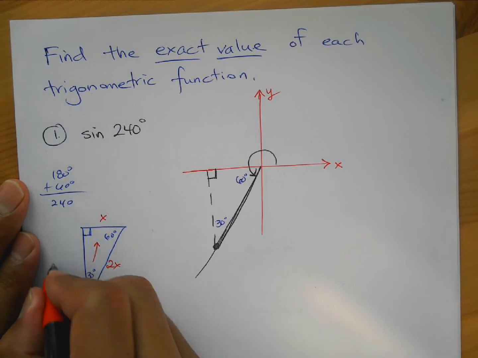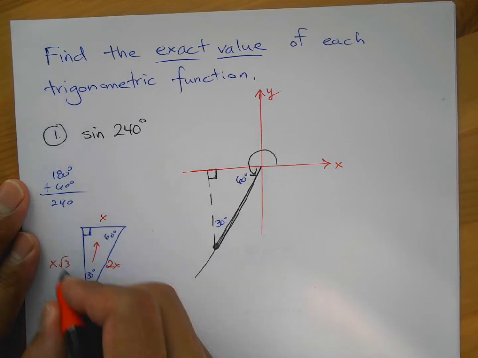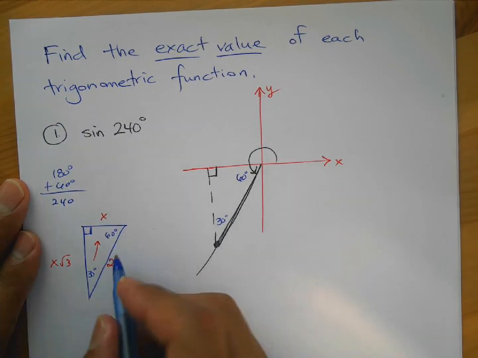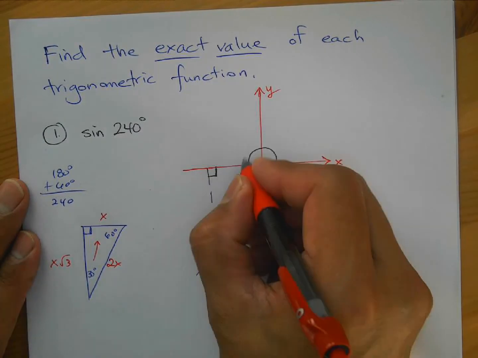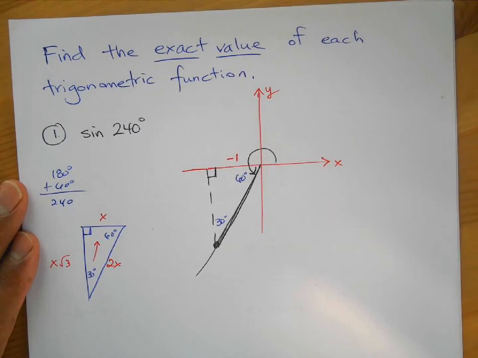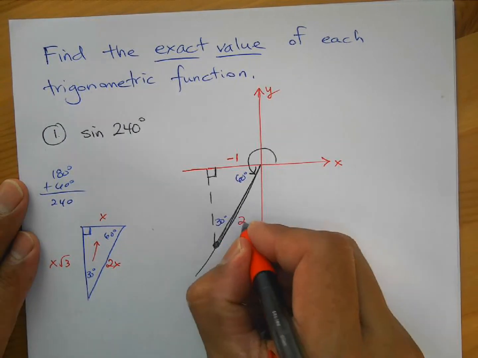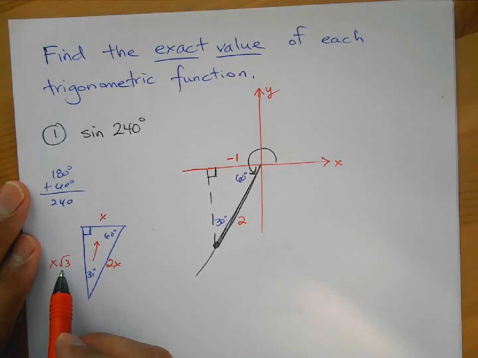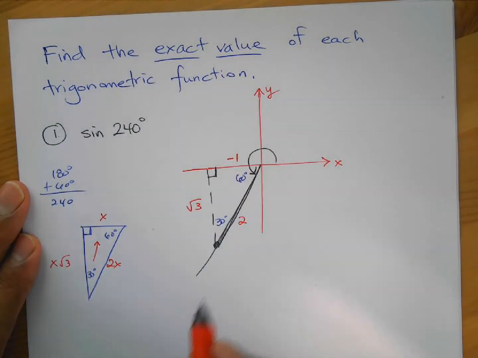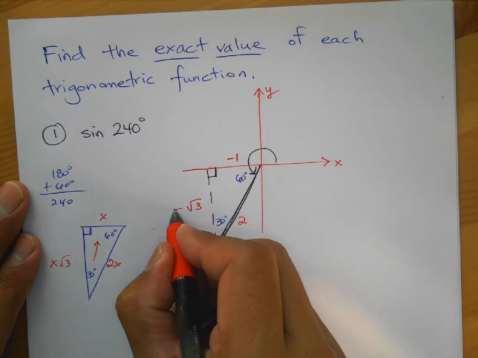This is 2x, the hypotenuse, and this is x root 3, and you're going to pick the value of 1. Let x equal 1, so this will be 1. But again, watch out, it's on this side, so it's negative. 2 times 1 is 2, and 1 root 3 is the same as just root 3. And again, this is also going to be a negative.